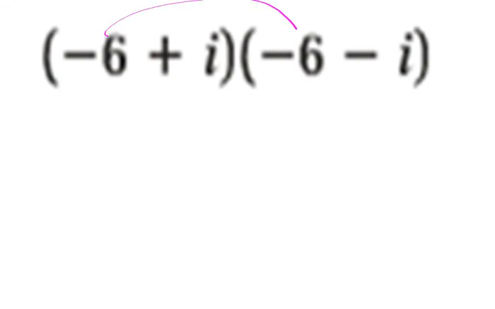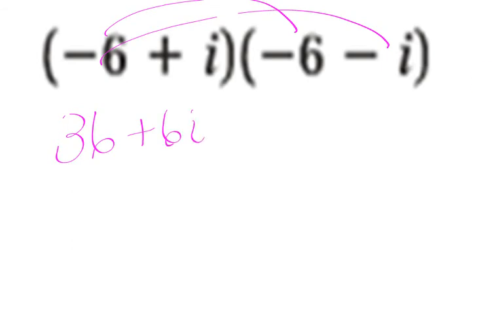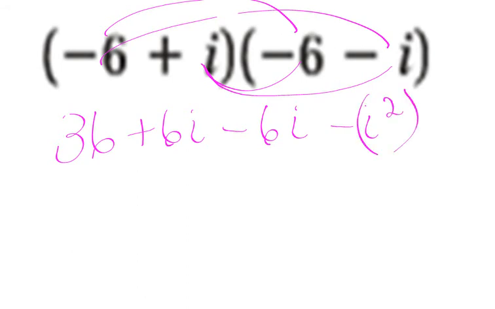So let's do it. Let's FOIL it out. Negative 6 times negative 6 is a positive 36. Negative 6 times negative i is a positive 6i. i times negative 6 is negative 6i. And i times negative i is negative i squared. Oh, there we go. There's that i squared again. So we rewrite that as a negative 1.